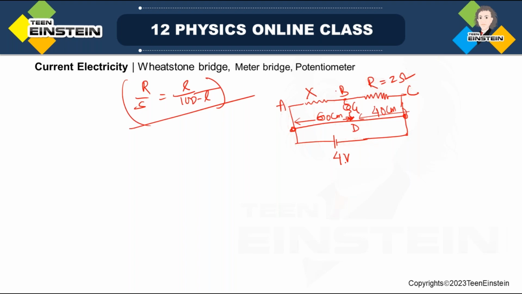This is 4 volt. Now what we have to find out is to calculate the total current supplied by the battery. So how do we find the total current supplied by the battery?